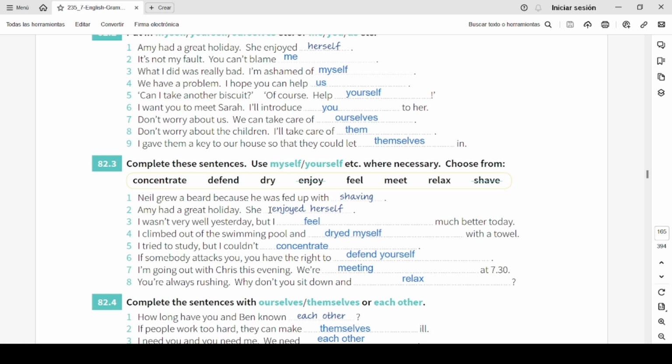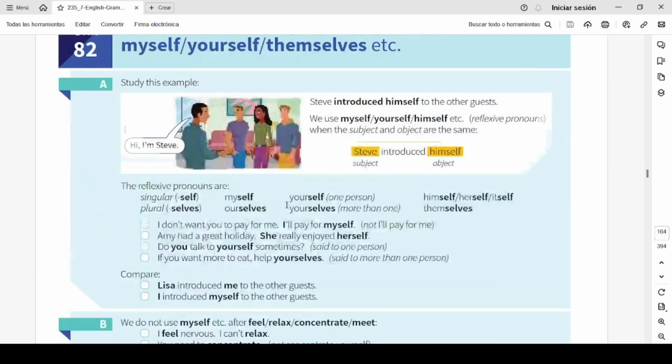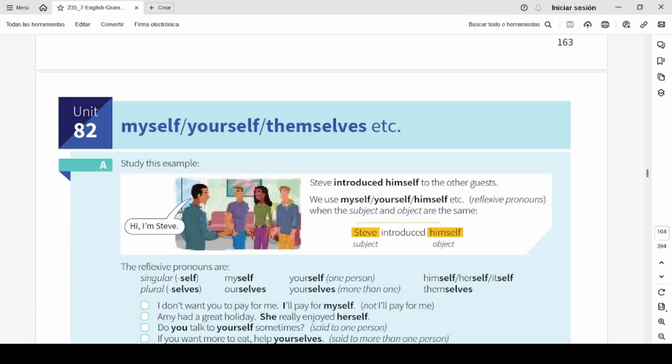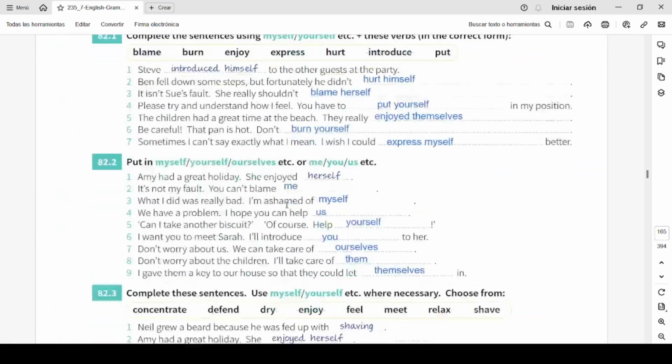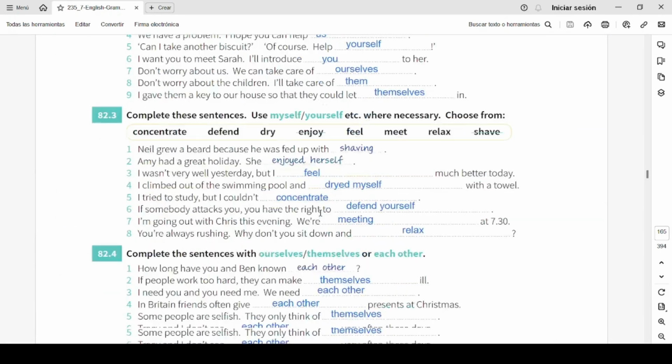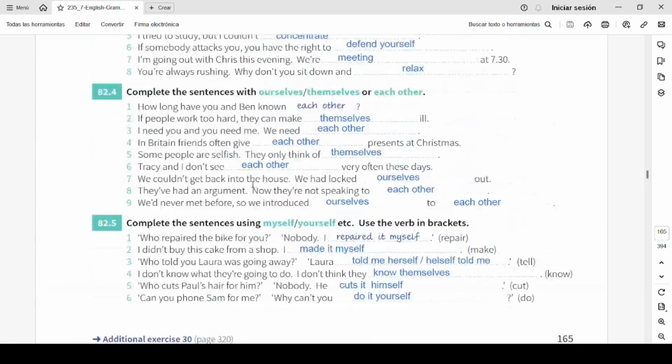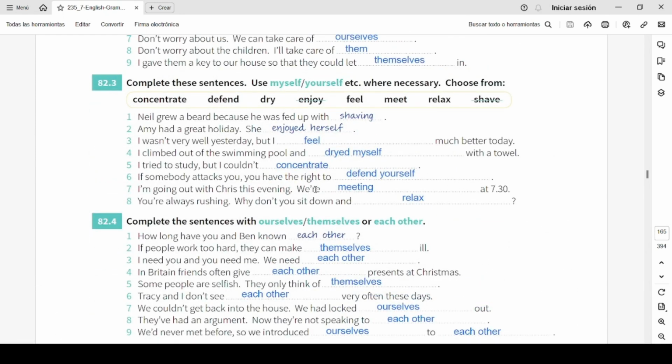So in this sentence, remember, feel is one of the verbs that we cannot use with reflexive pronouns. Another one: I climbed out of the swimming pool and I dried myself with a towel.